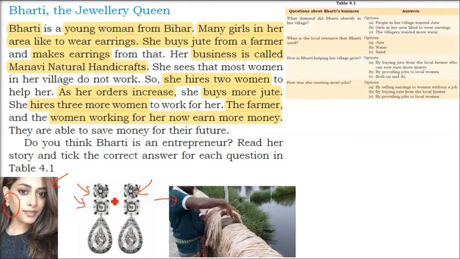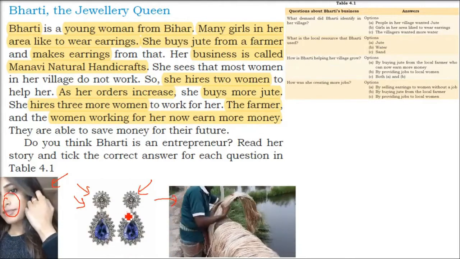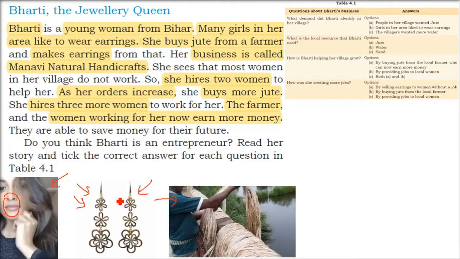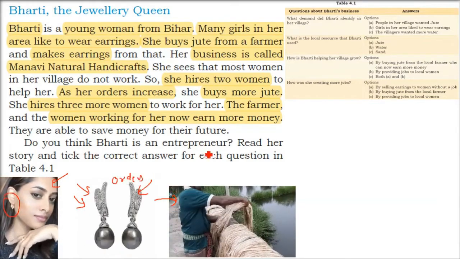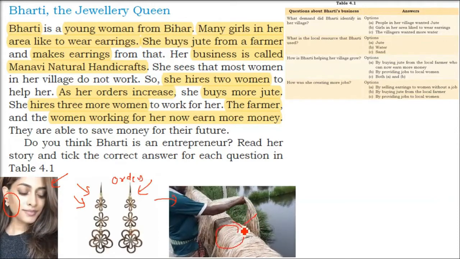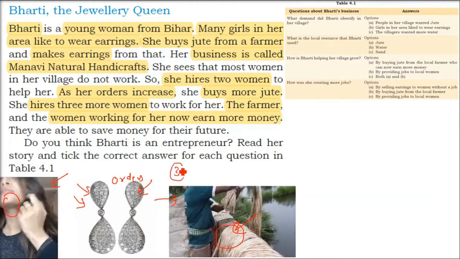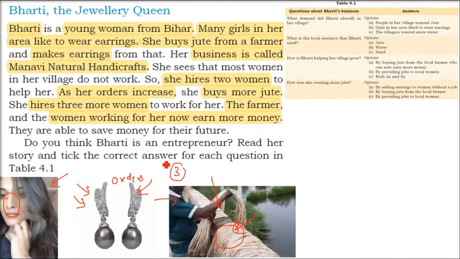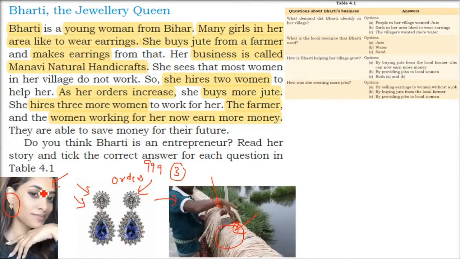But because the orders are so high, because first of all, jute and earrings, they don't match, but still she is doing it. So now people are accepting it with both hands. Because of the higher demand, she is taking more jute from the farmer, and she has now given jobs to more women. So because of Bharti, the jute farmer is benefited.